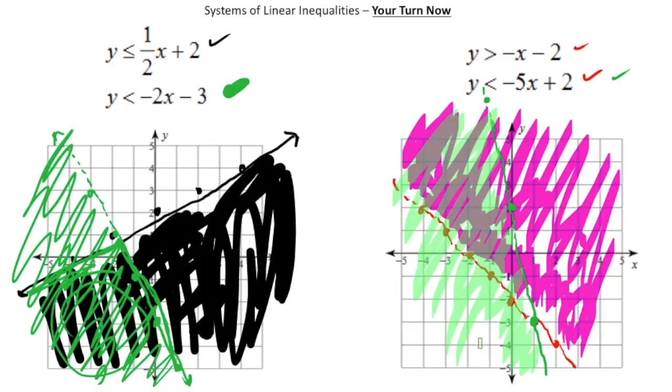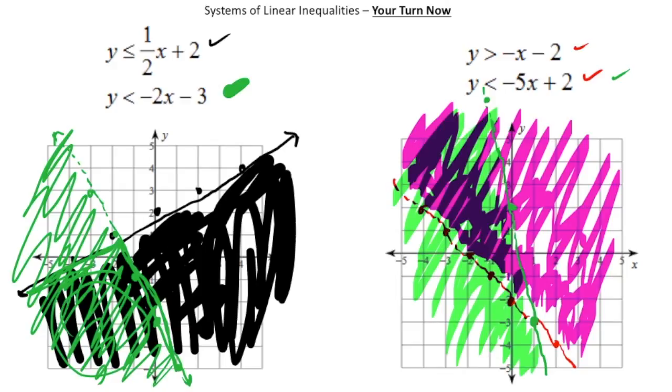And again, anywhere that you see the black, which is a combination of the green and the red, that's the solution to the system. So any value that we plug in from this section will work for y is greater than -x minus 2, and also y is less than -5x plus 2.